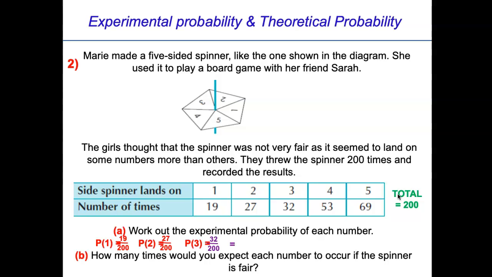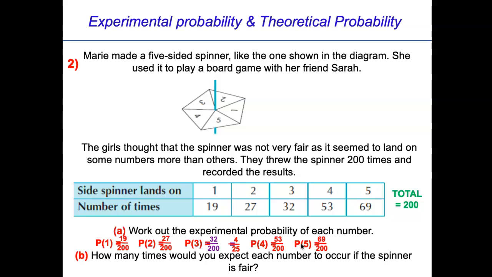And the probability of landing on 4 is 53 out of 200. 4 out of 25 is what 32 out of 200 simplifies to. Okay, and then the probability of landing on 5 is 69 out of 200.